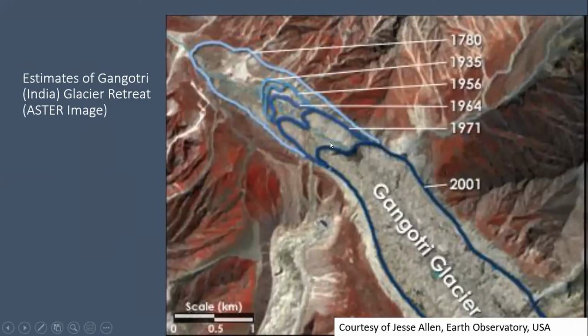This is also a study related to water resources, because we can predict that if the glaciers keep retreating at the same rate, there will be a time when no glacier is left, and ultimately there will be no source of water contributing to the river system.